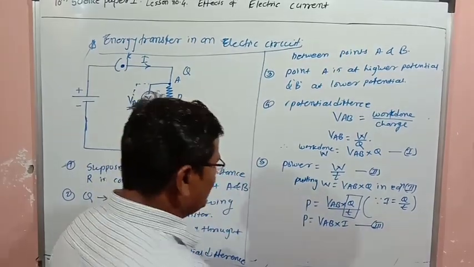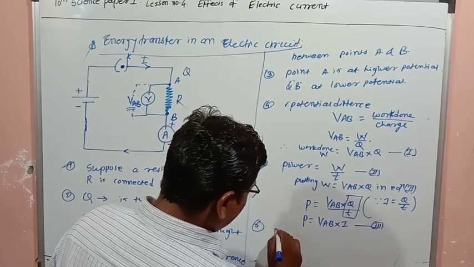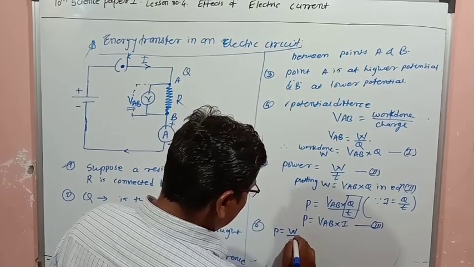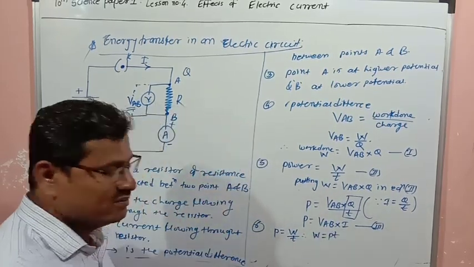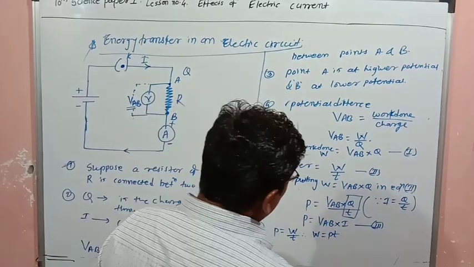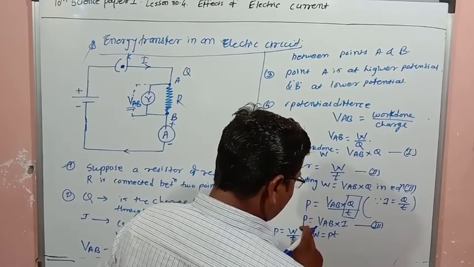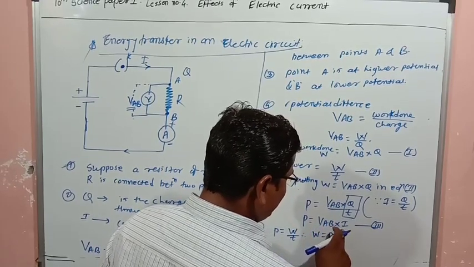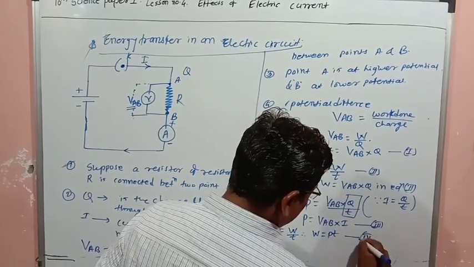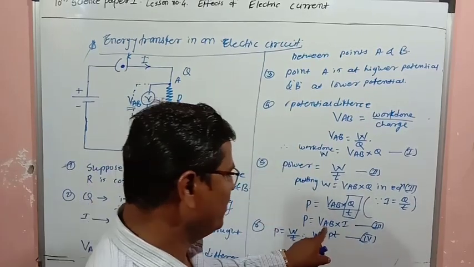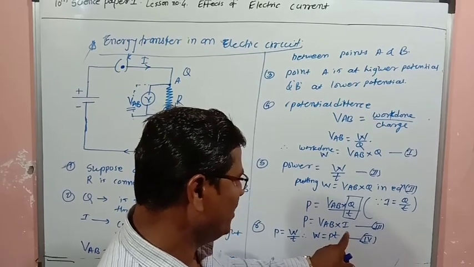After this, again one more thing: P is equal to W upon T, therefore W is equal to PT. Suppose this one is equation number 4.